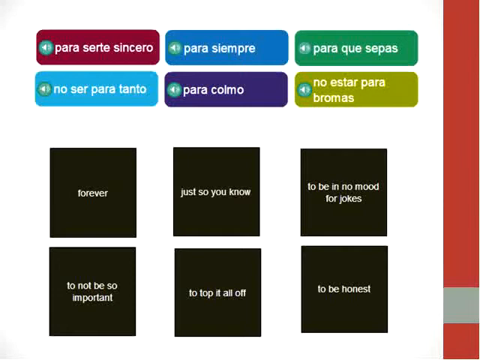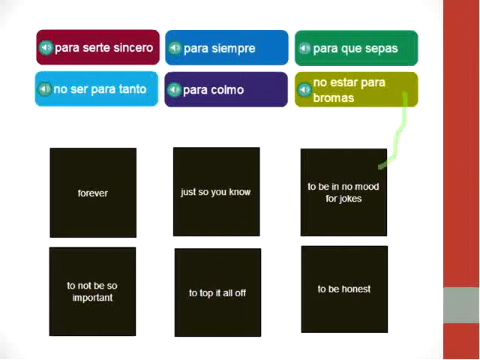Which one is no estar para bromas? No estar para bromas. Bromas is jokes or riddles. So these would be the matching ones there.